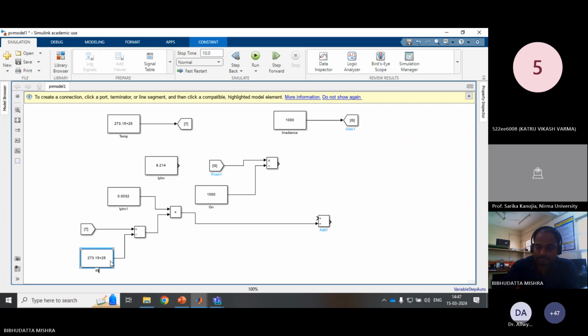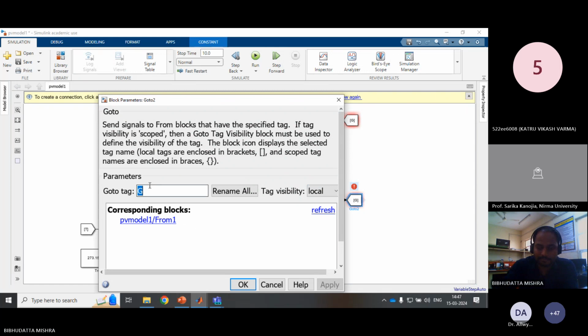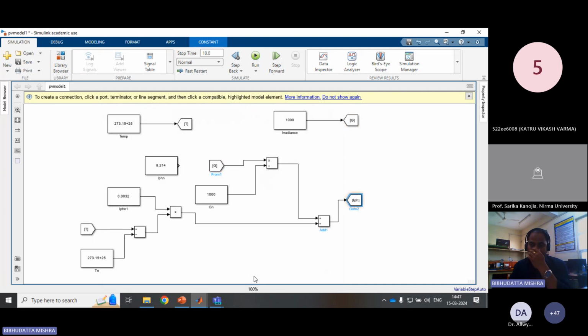T minus Tn, which models the IPS. Now the modeling part for IPS is over, and for further use of this T minus Tn, for our convenience, we can make use of one goto block.